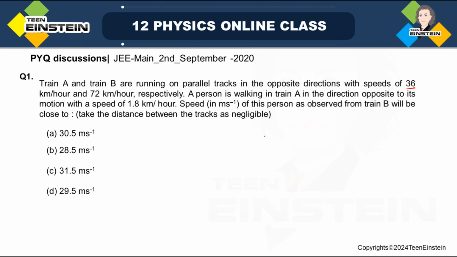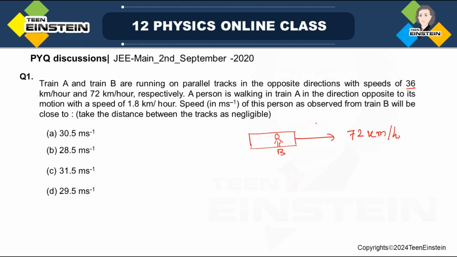So look what happens. Let's say this is B, and it is moving in this direction with this speed in kilometer per hour.